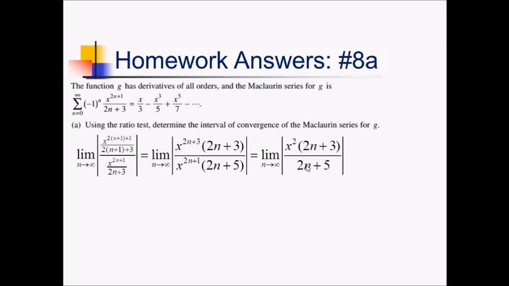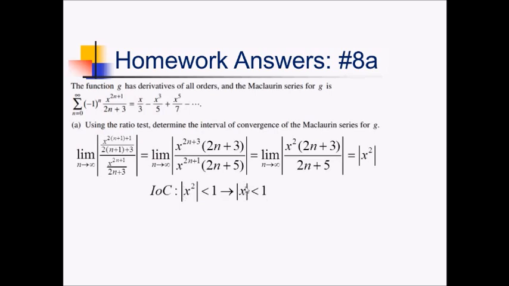So we have a 2n over 2n, which is just going to cancel. At the end of the day, it's just x squared left inside the absolute value. So for my interval of convergence, I'm going to set this less than 1. I have to actually isolate x before I can get any kind of endpoints, so let me square root both sides. That gives me absolute value of x less than 1.